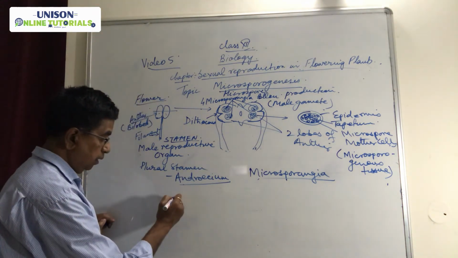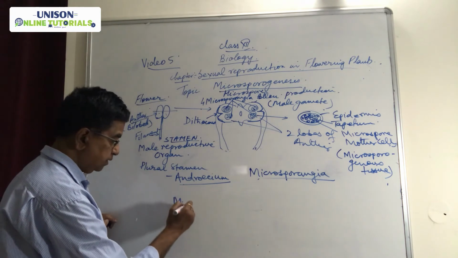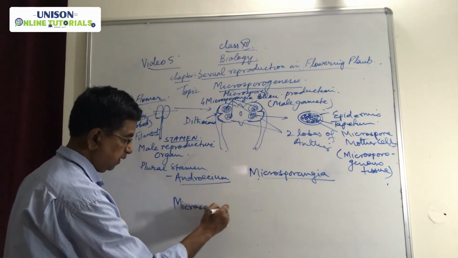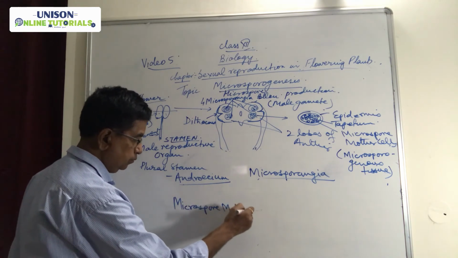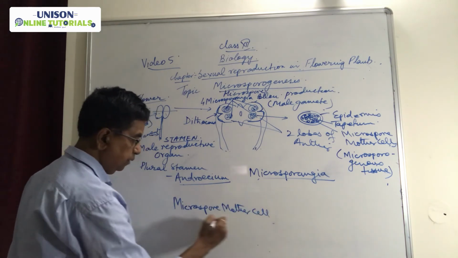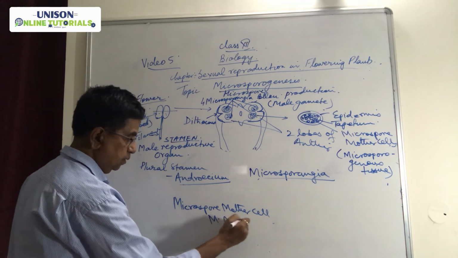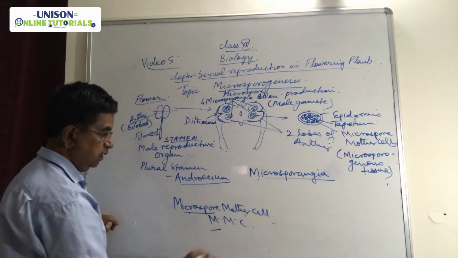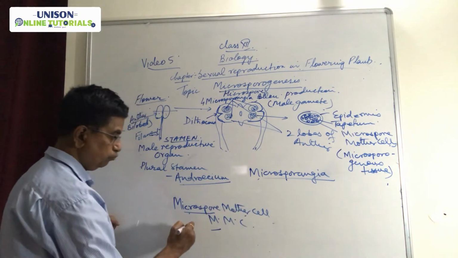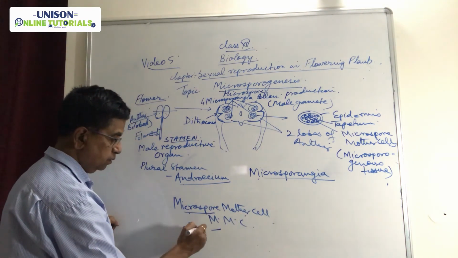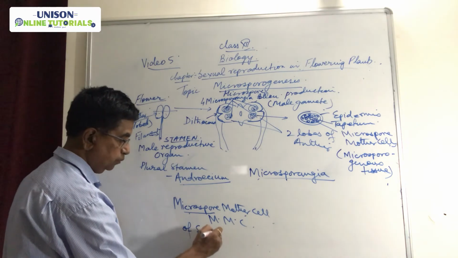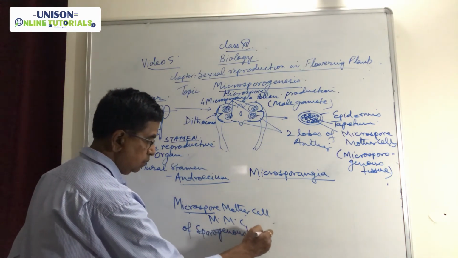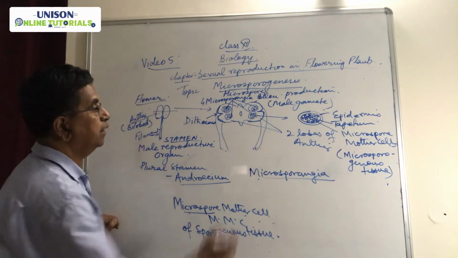So the microspore mother cell is in short known as MMC. The first M stands for microspore, the second M stands for mother, and these are the cells of the sporogenous tissue which is there inside the microsporangia.